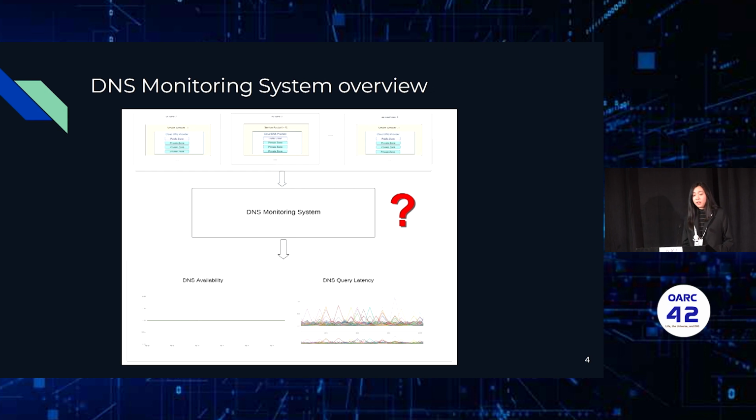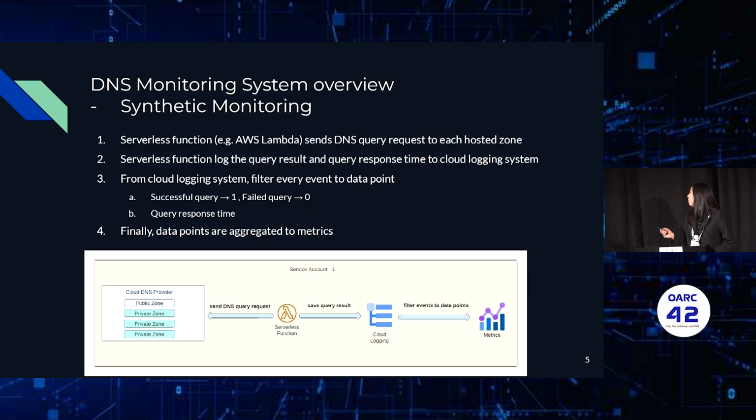Next, we'll take a look at how the DNS metrics are generated by the DNS monitoring system. Firstly, within a service account, we deploy a serverless function to send DNS query requests to each hosted zone.